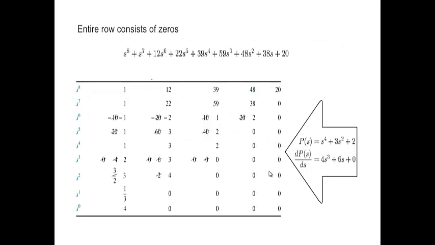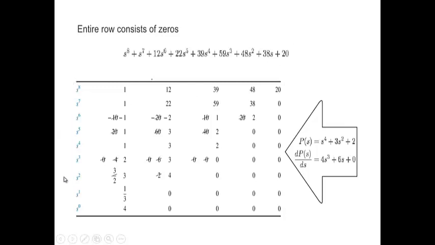Okay, kita tengok contoh lain untuk itu. So kita diberi soalan kuasa highest order adalah 8. S8 plus S7 plus 12S6 plus 22S5 plus 39S4 plus 59S3 plus 58S2 plus 38S plus 20.